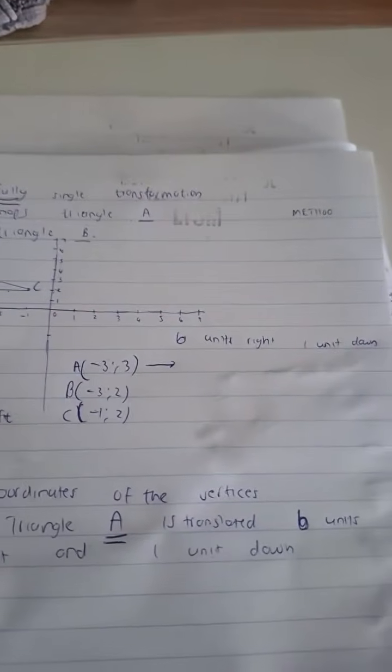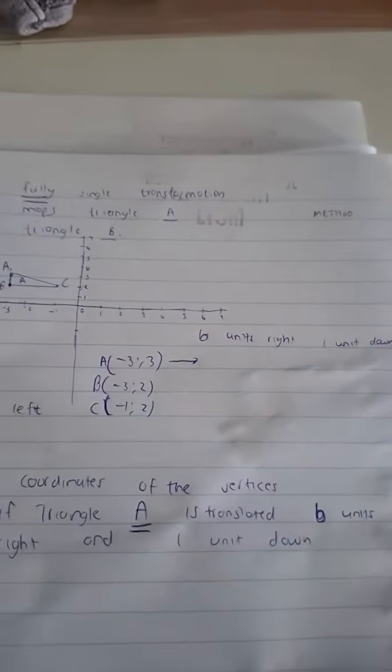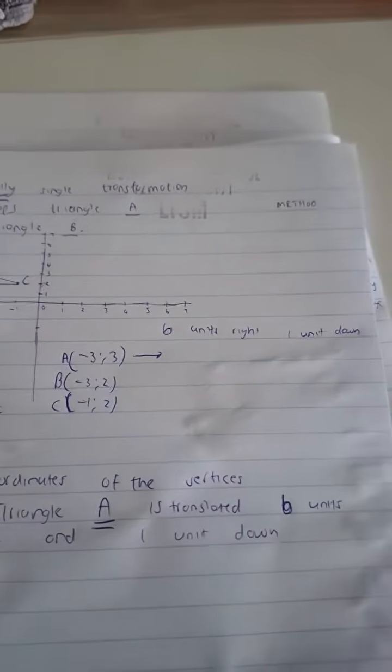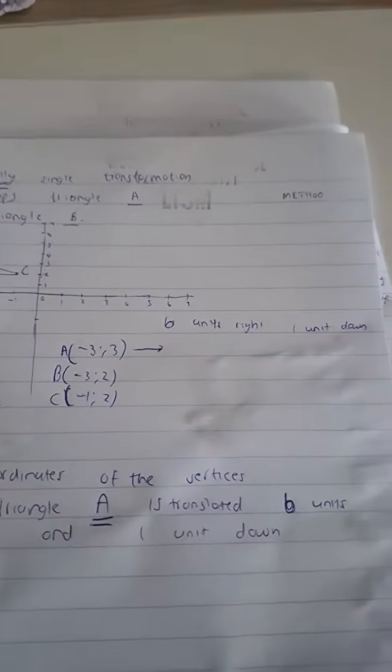So 6 units to the right, who is affected and how? Then 1 unit down, who is affected and how?